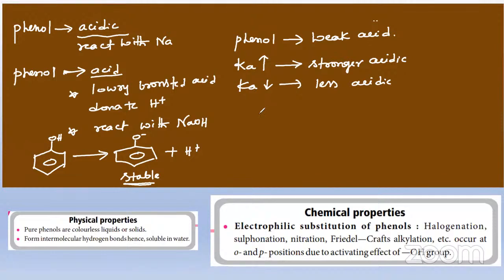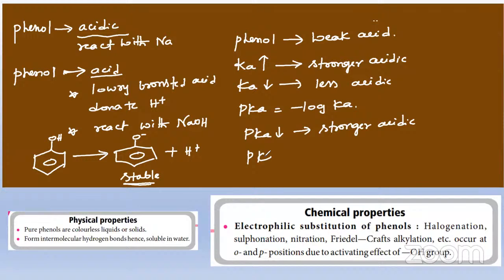Sometimes it is also given in terms of pK, the negative log of Ka, so the values become inverted. If pK is less, that means a stronger acid. If pK is more, that means it is less acidic.